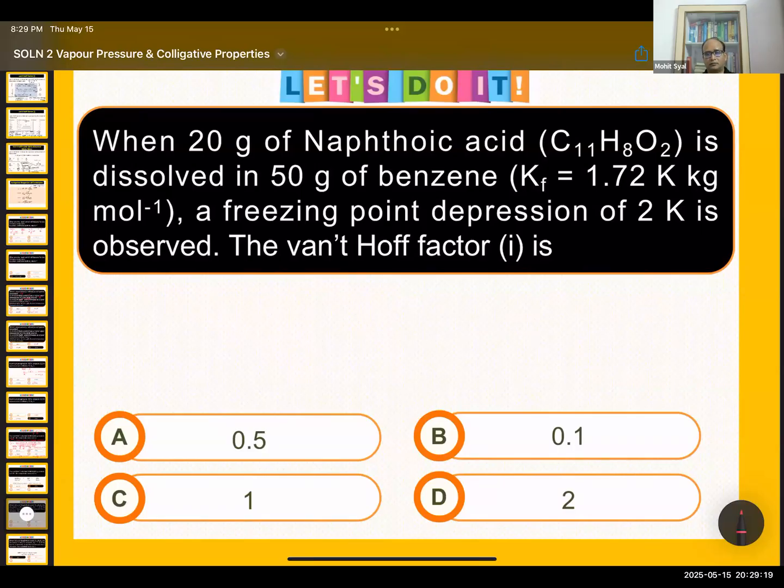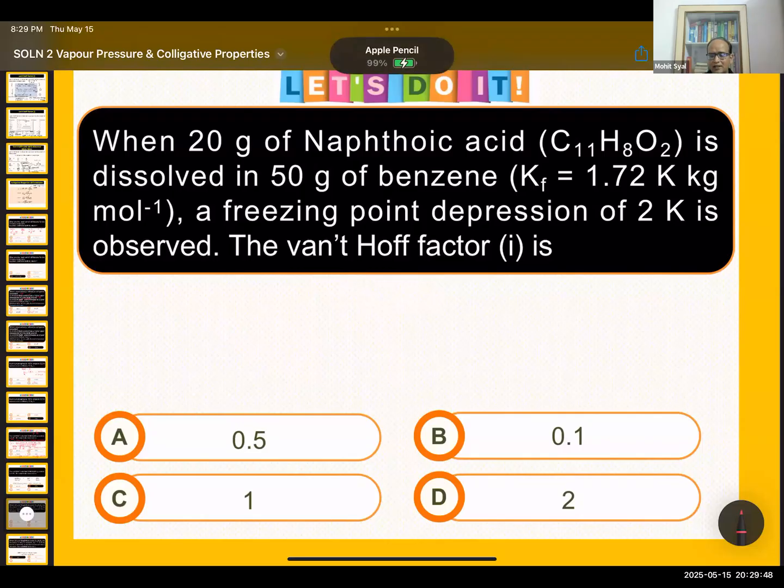So I have given you the options, but you have to write all the steps as I told you in your board examination. So 20 grams of naphthoic acid is dissolved in 50 grams of benzene.